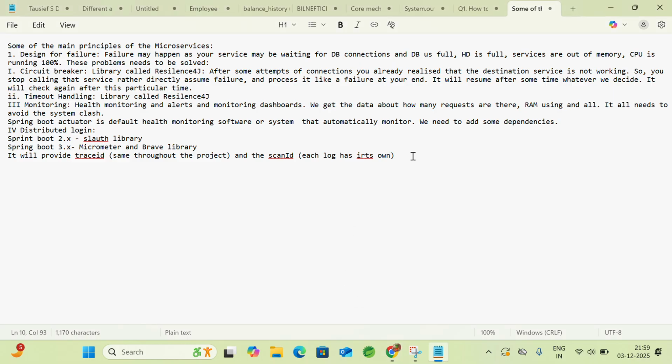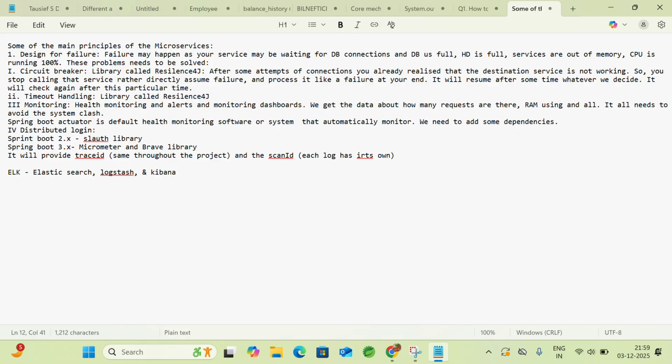We can take an example of ELK, which is Elasticsearch, Logstash and Kibana.